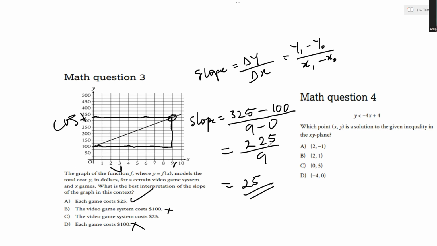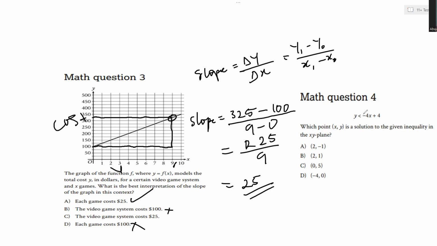Now the next question, question number 4. Question number 4 says that y is less than minus 4x plus 4. For which points x comma y is a solution to the given inequality in the xy plane?